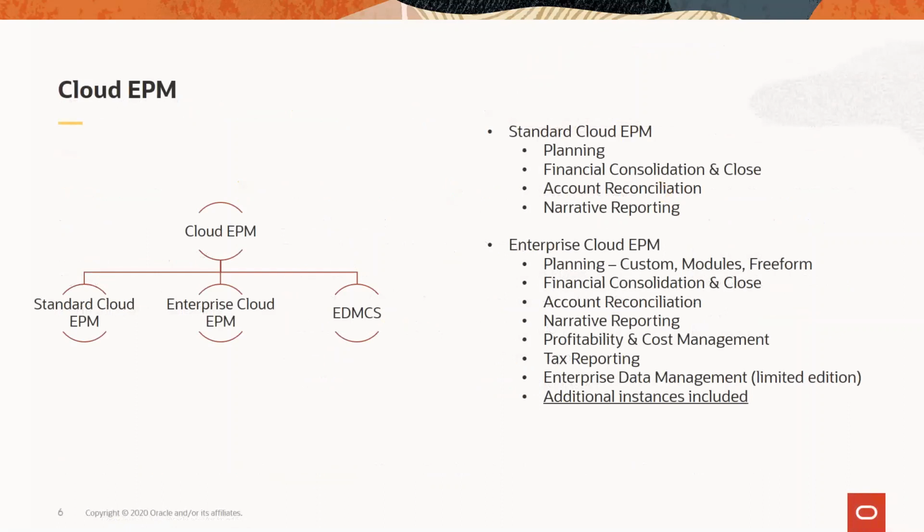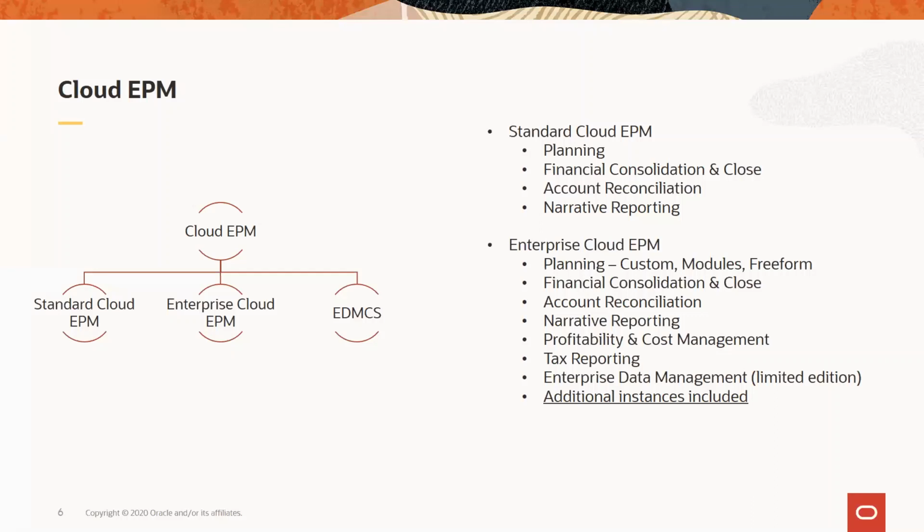So again, with the new SKU launched last year, we simplified the whole process of coming on board into the cloud for customers coming from on-prem or for new customers coming into the cloud. Essentially, there are just two SKUs for customers. The Standard Cloud EPM SKU gives you the core essentials of planning, consolidation, account reconciliation, and narrative reporting.